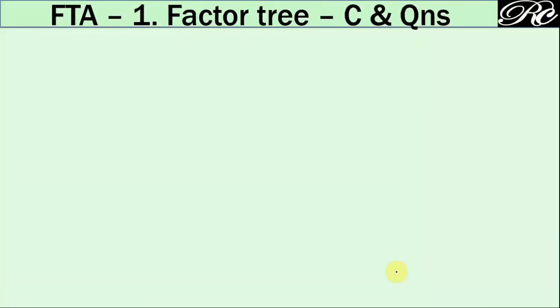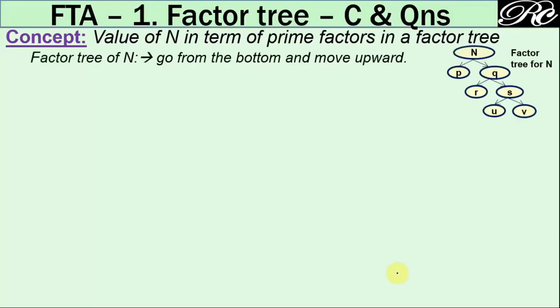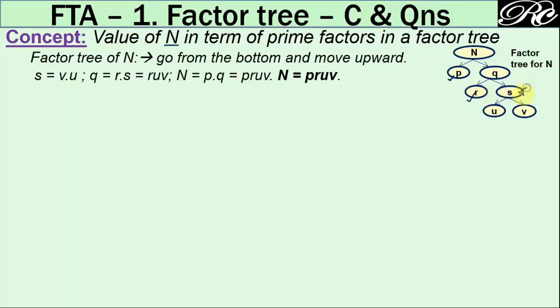The first application is based on finding the factors or writing the factor tree for a composite number. If n is a composite number, then it can be broken in the form of its prime factors. So if p is a prime factor of n, then the other factor will be q. If q is not prime, meaning q is further composite, then it has another prime factor r and another s. If s is not prime, then it can further be broken into u into v. These u and v are considered as prime.